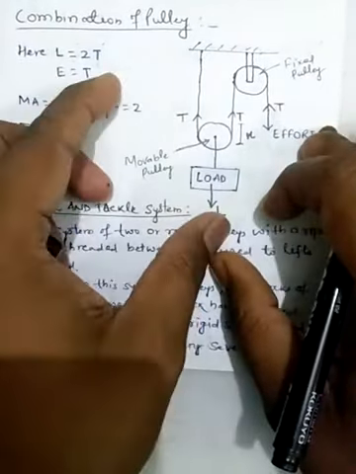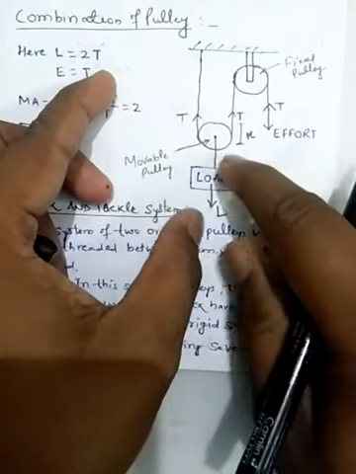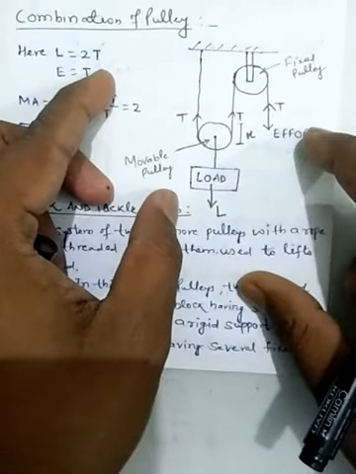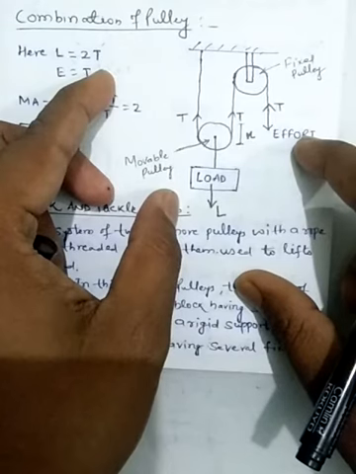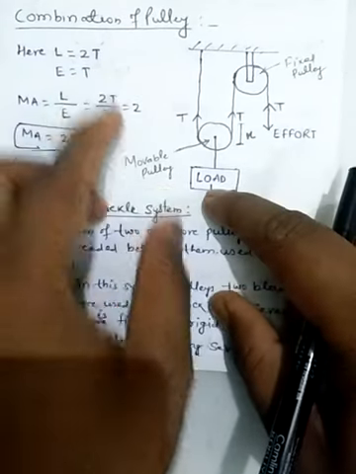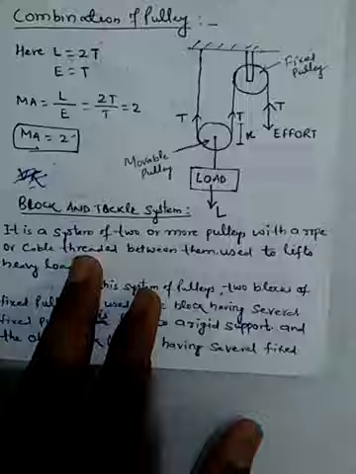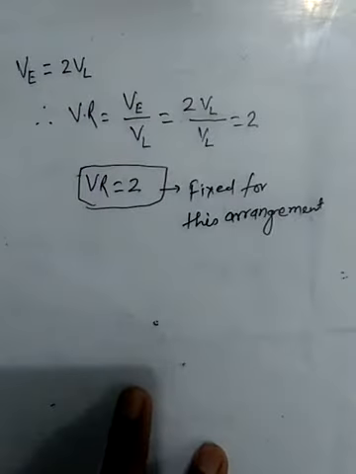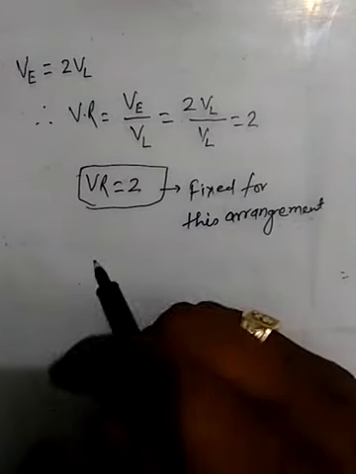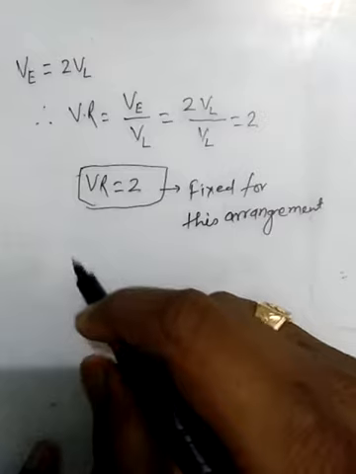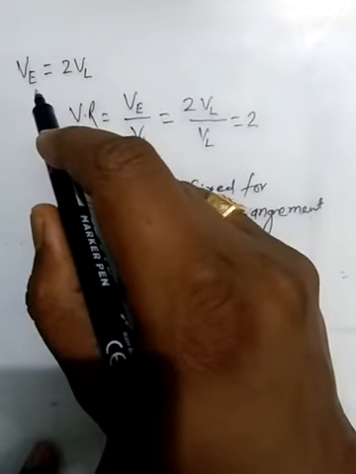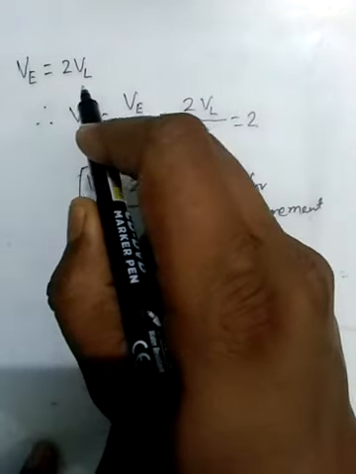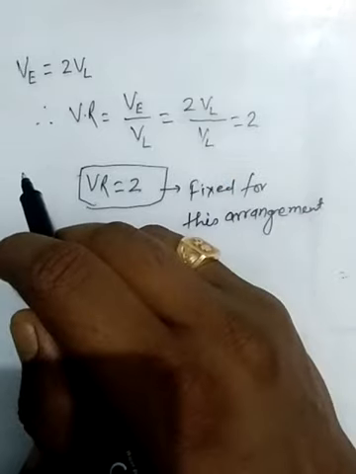Therefore in this condition the velocity of effort will be 2 times the velocity of load, as the displacement of the effort end is 2 times the displacement of the load end. Therefore the velocity of the effort end will be equal to 2 times the velocity of the load end.